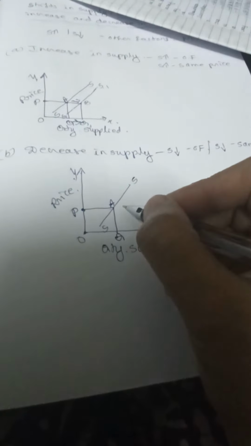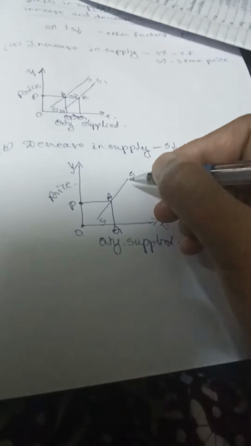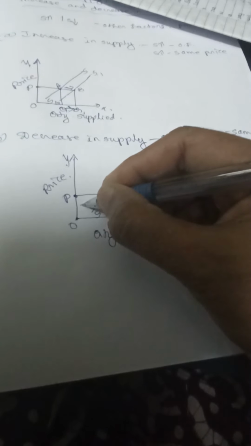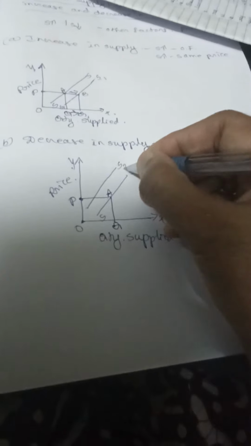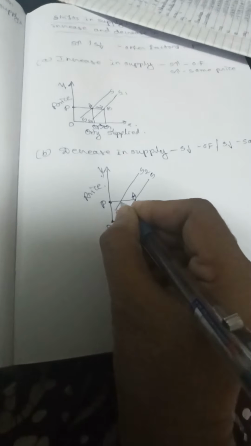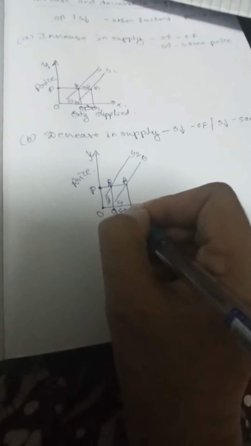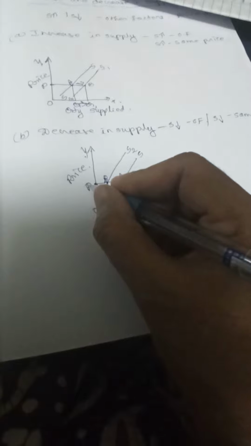Now at the same price, less is supplied, and that is shown by a new supply curve which shifts towards the left side. One more supply curve you have to draw on the left side. S2, S2. And this supply curve touches the price line here, point B. Join it to the x-axis, you will get Q2. So this quantity decreases from OQ to OQ2 due to change in other factors.